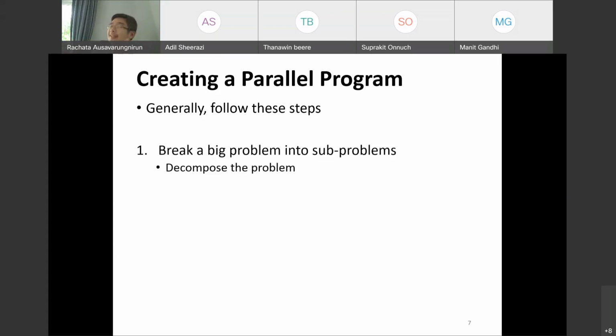First, this is the algorithm side. You break big problems into sub-problems, right? For example, how can I break merge sort into sub-problems? Anyone have any idea how I decompose merge sort? We just did it, right? So what did I do? What did we do?